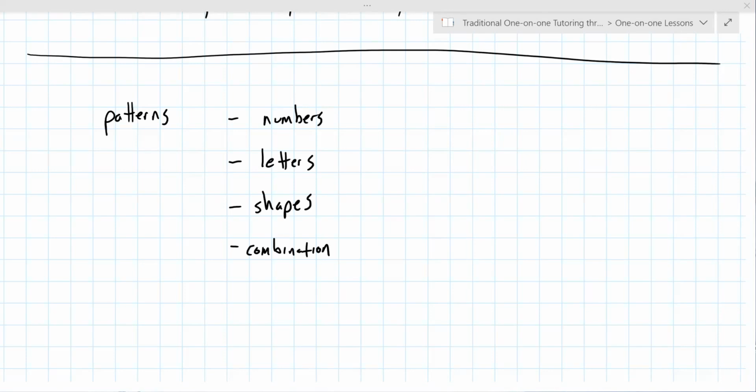All right, let's try some sequences here and see if I can get you to tell me the pattern. All right, so here's a new problem for us to look at.